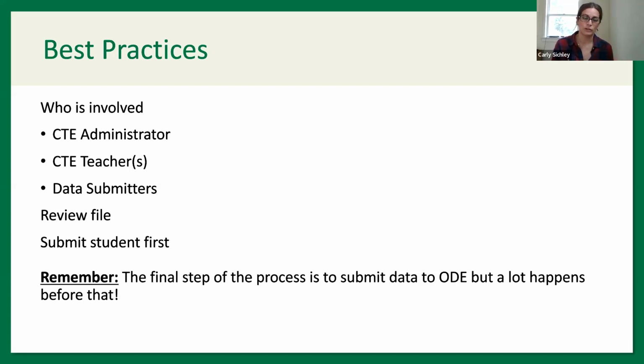So it's really great to have a group or multiple people involved to make sure that the information you're submitting in the spring is the most accurate and correct data, because it's more than just one person who's responsible for ensuring this whole piece.